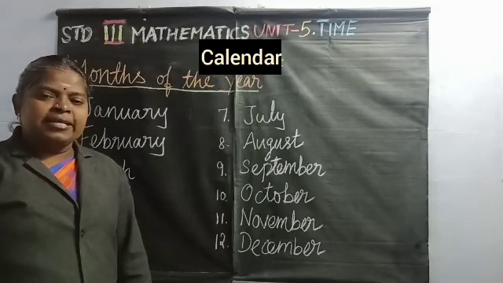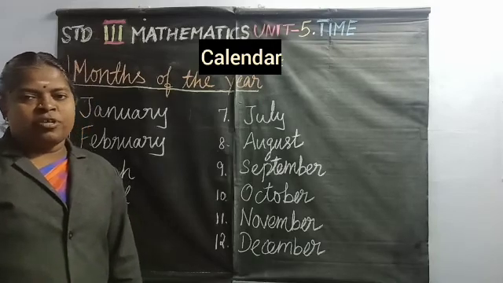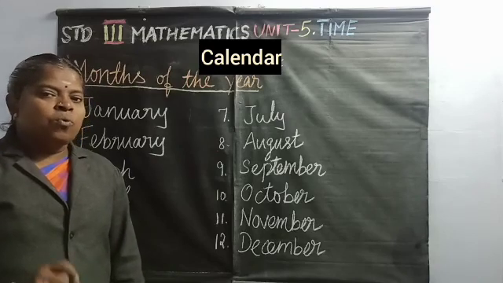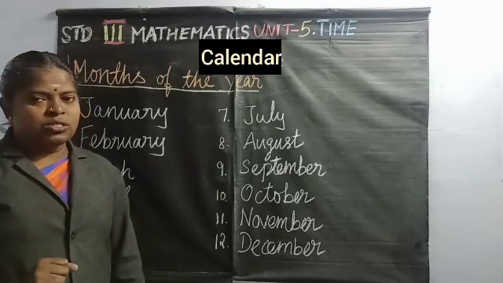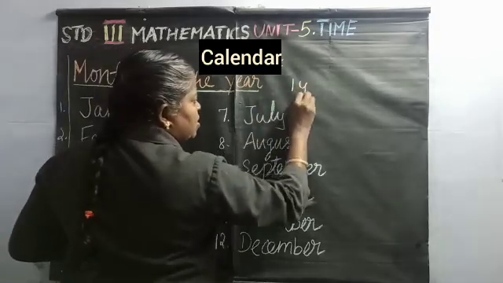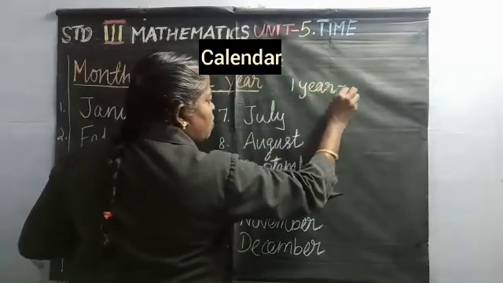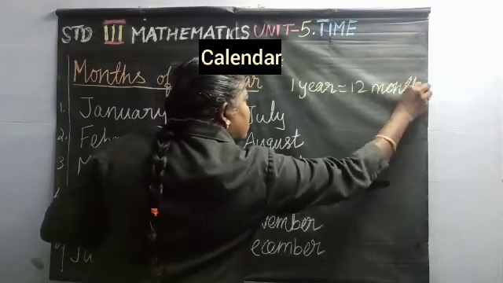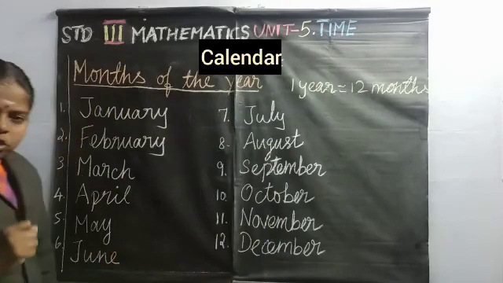Children, let us recall the months of the year. How many months are there in a year? 1 year has 12 months. So 1 year equal to 12 months. So what are those months?